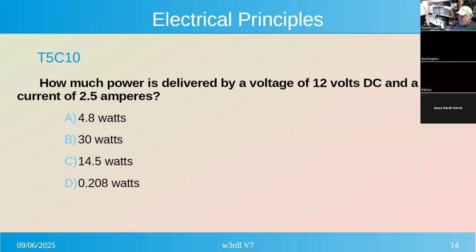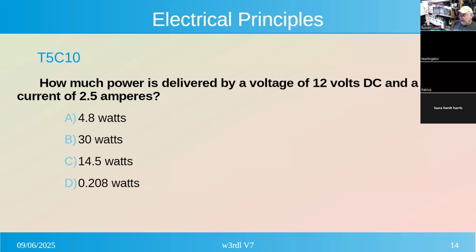In the pie chart that we use for this, power is on the top, of course. Is amps on the lower left part of that pie? Yep. So I times E equals P. Correct.